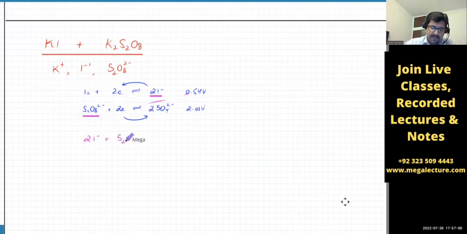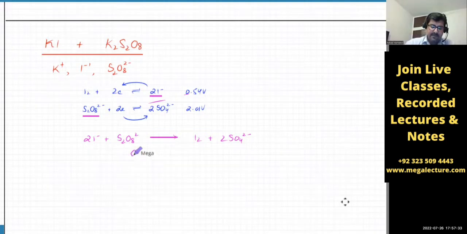So add up your reactants, and we're going to add up the products. The first product is I2, and the second product is 2SO4 2 minus. That's your equation, and that means K plus 1 is not doing anything.